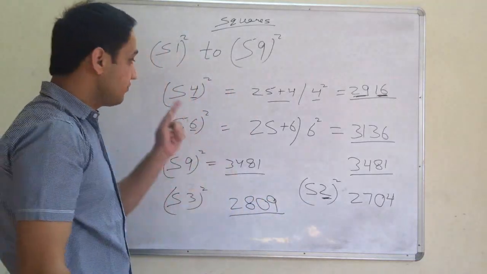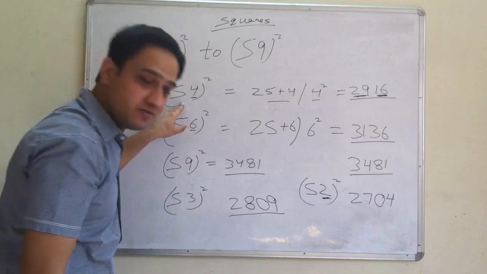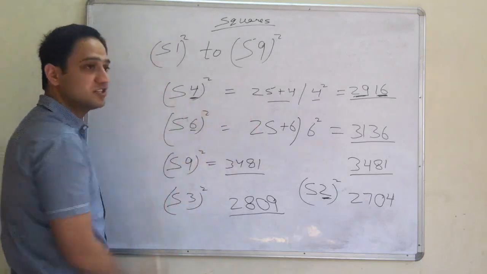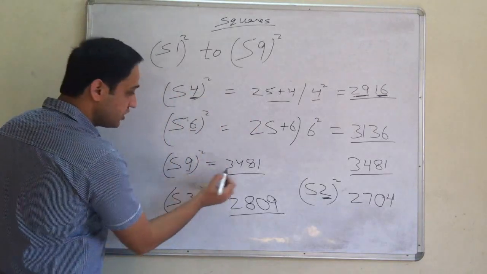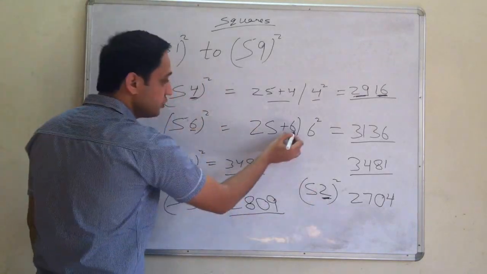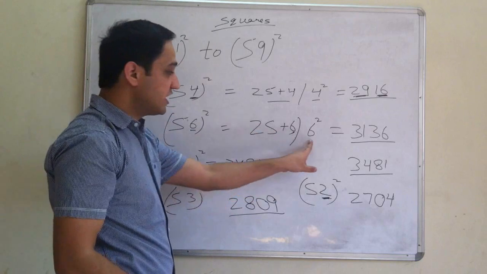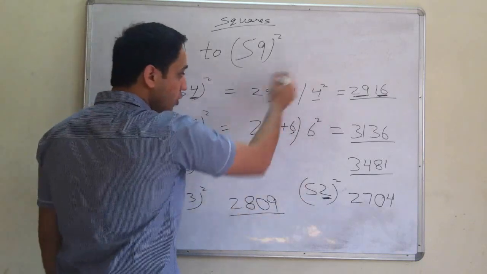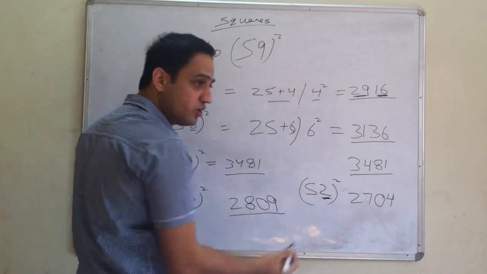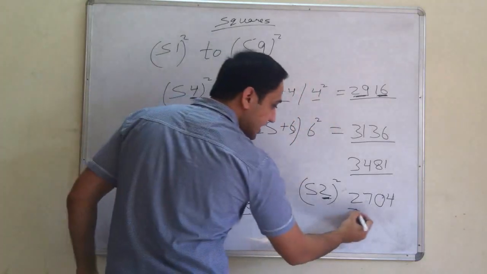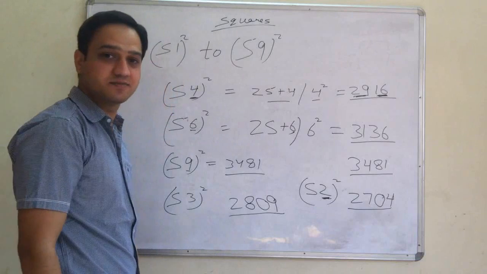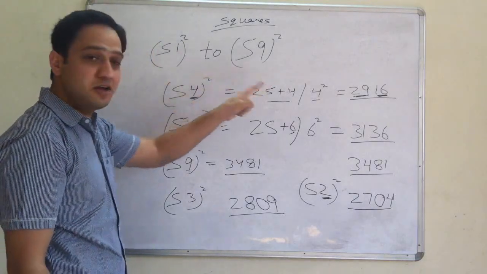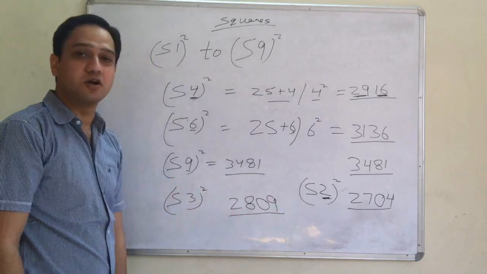Always remember, since half of 50 is 25, I'll have 25 plus the unit digit, plus the unit digit, and lastly the square of that unit digit. If you know this, there is no need to calculate all this, you can directly jump to the answer. So any square from 51 to 59, you can apply this formula.